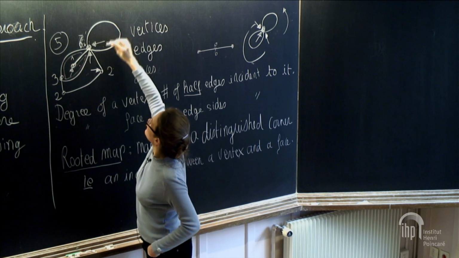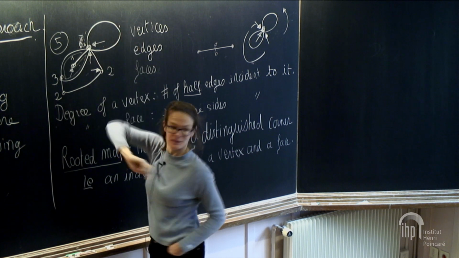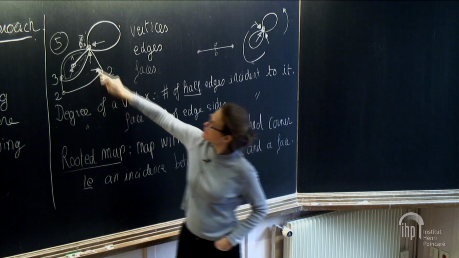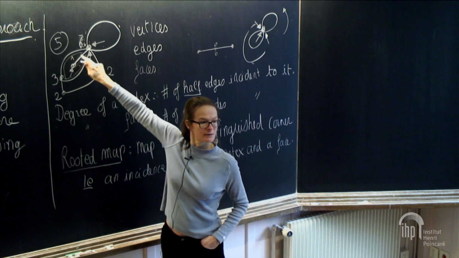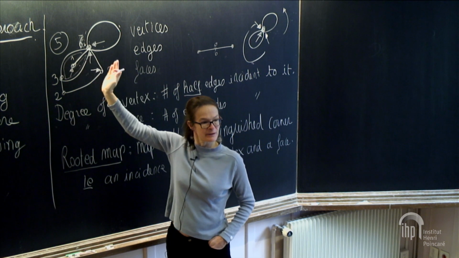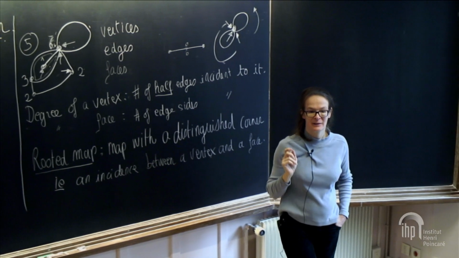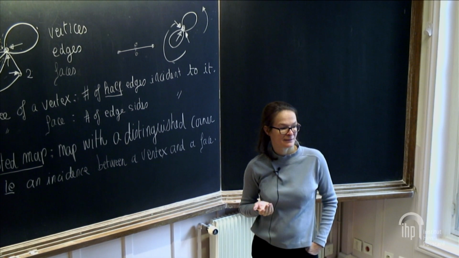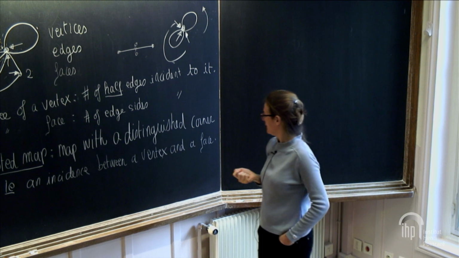Here this edge is just visited once along this side, whereas this one, when I walk around this face, is visited twice, along both sides of the edge. Is that clearer? Yeah. Are there more questions? No.